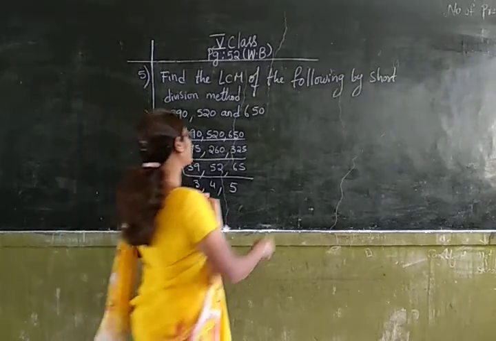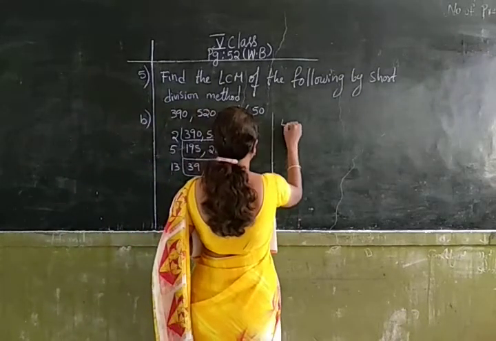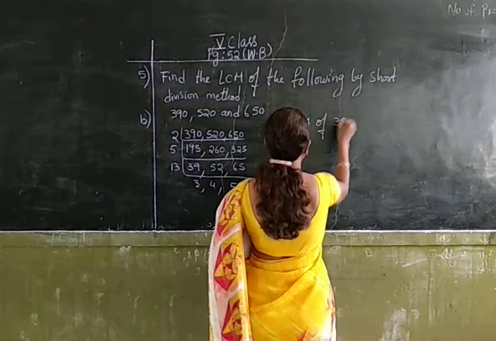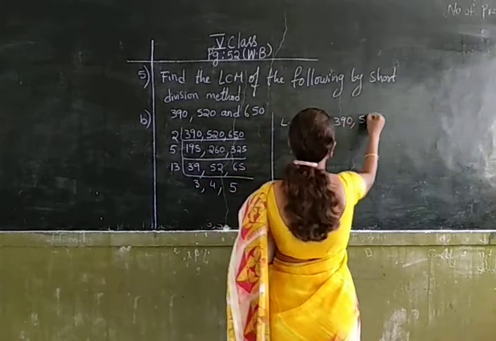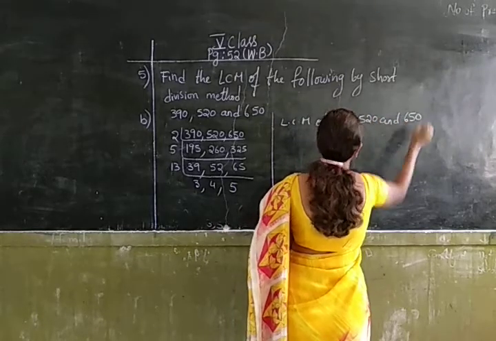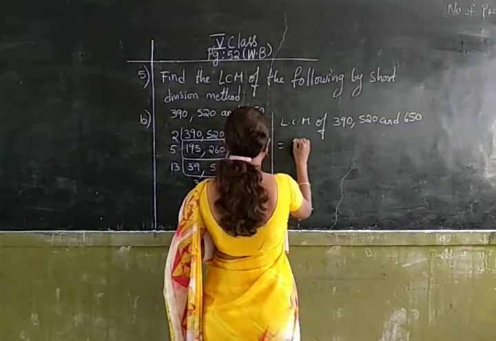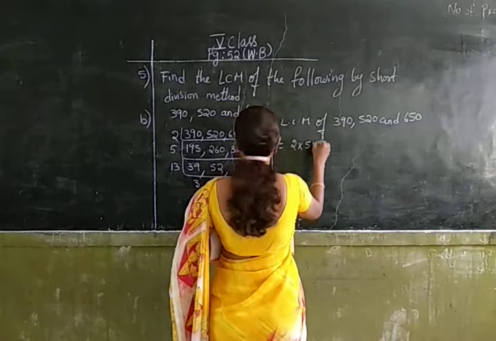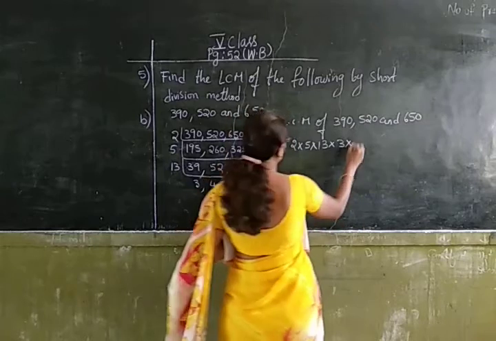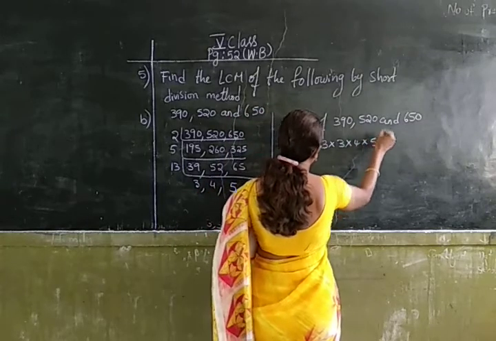Now let us multiply all these numbers. LCM of 390, 520 and 650 is equal to 2 into 5 into 13 into 3 into 4 into 5.